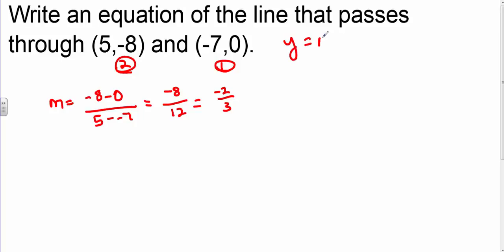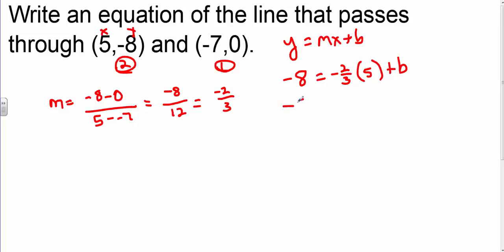Y equals mx plus b. This is the x, this is the y. So we go -8 is equal to, the slope is -2/3 times the x, which is 5, plus b.